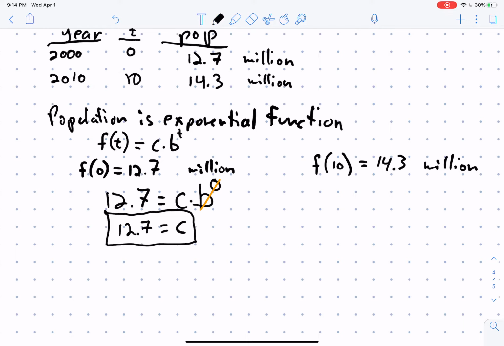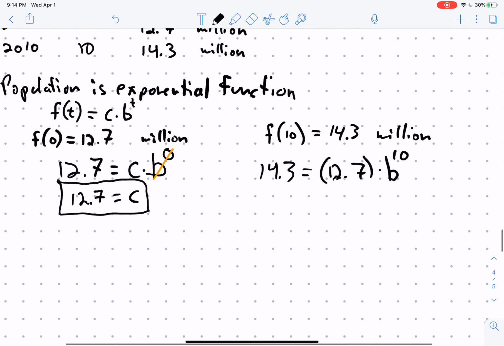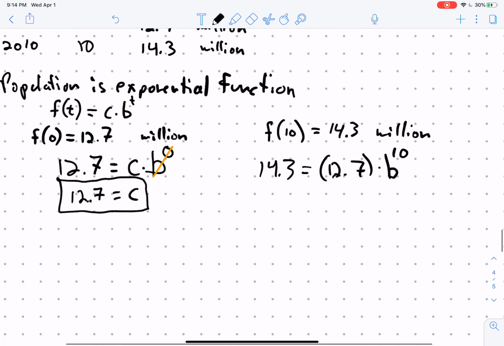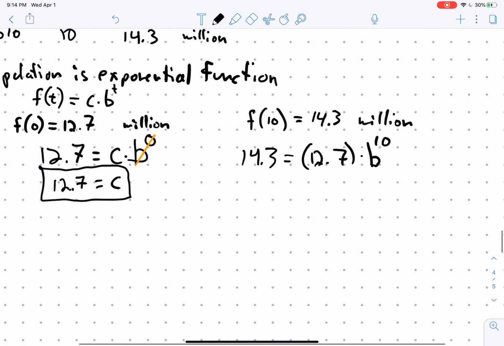Plugging in, we get 14.3 is equal to 12.7 times b to the power 10. All right. This is an equation that has just one variable in it. It looks messy. Don't let the decimals scare you, because we're going to deal with those with a calculator in the end. Until that point, we treat them just like any other numbers.